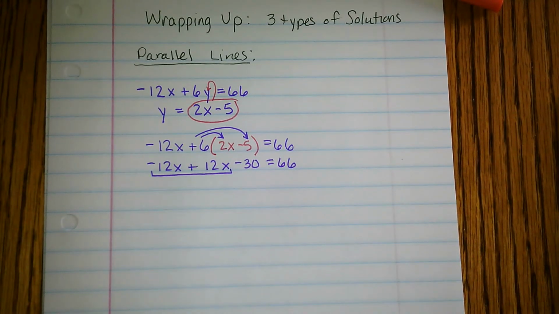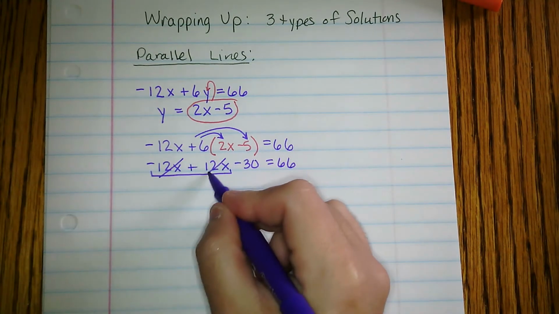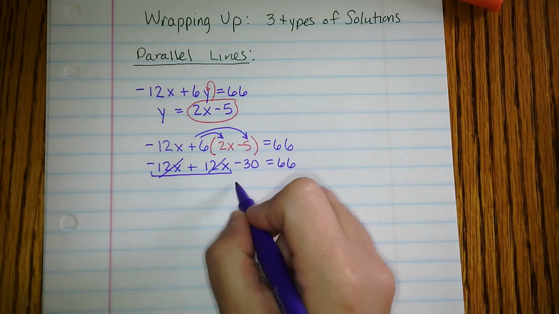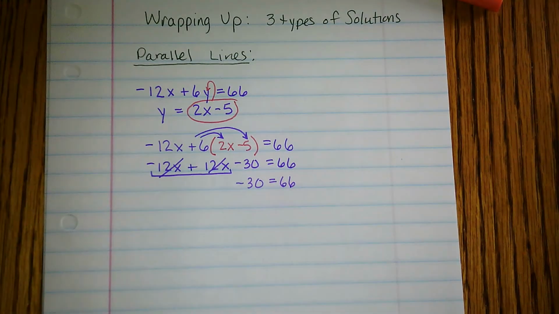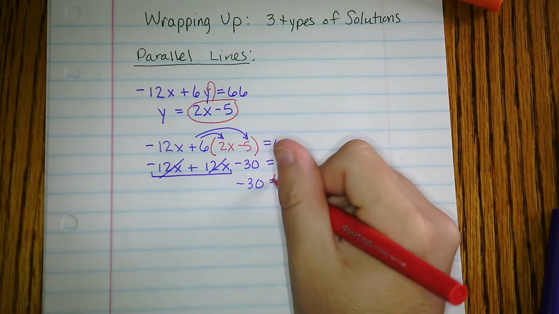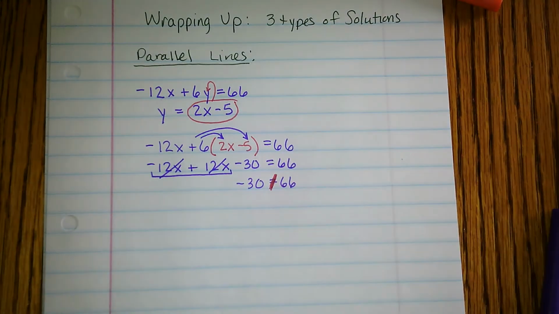Negative 12x plus 12x is 0. They wipe out, and you're left with negative 30 equals 66. And everybody knows that negative 30 does not equal 66. So we need to put a not-equal sign. You have to put a line through the equals sign to indicate that you recognize that they are not equal.